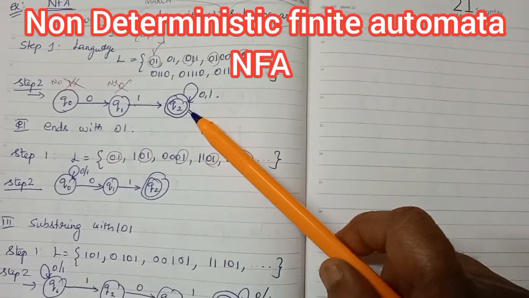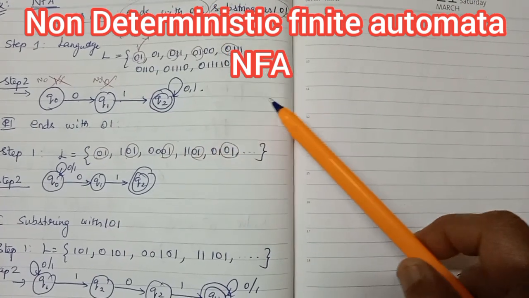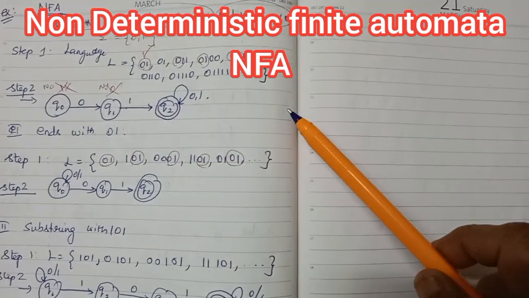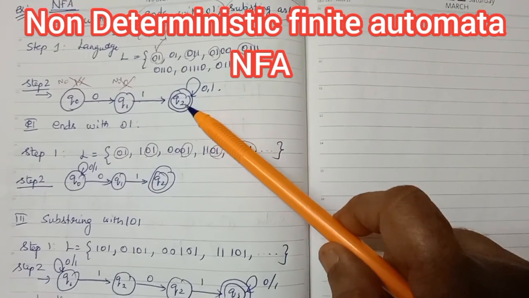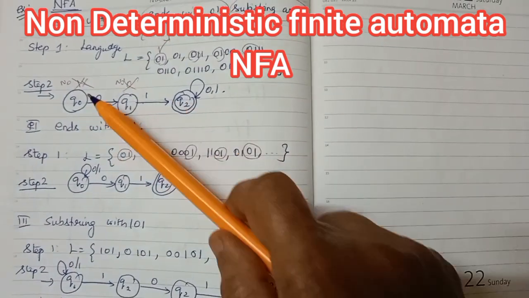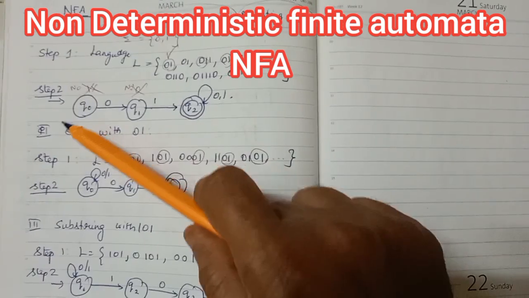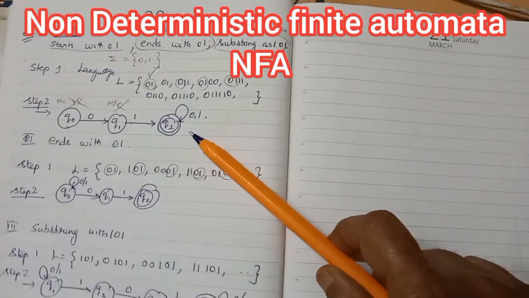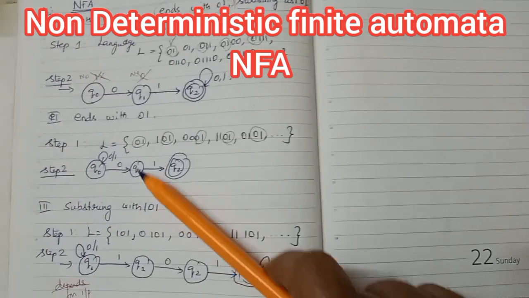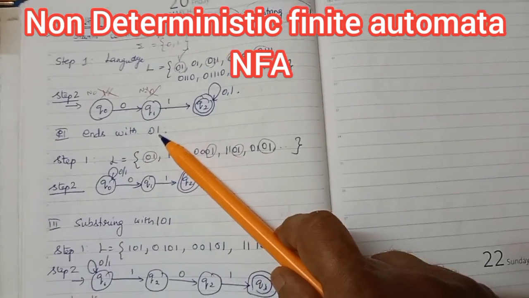It is a loop, so we can keep moving with any number of symbols. Finally, we may have 0100, 011. So this is the sample NFA we have drawn. I hope you understand.